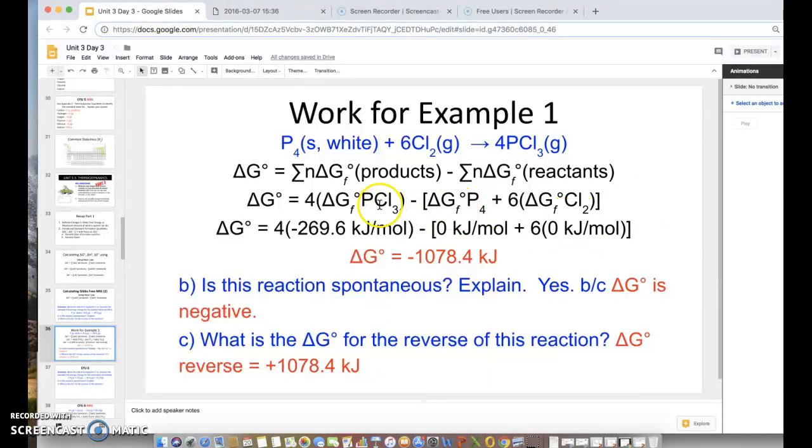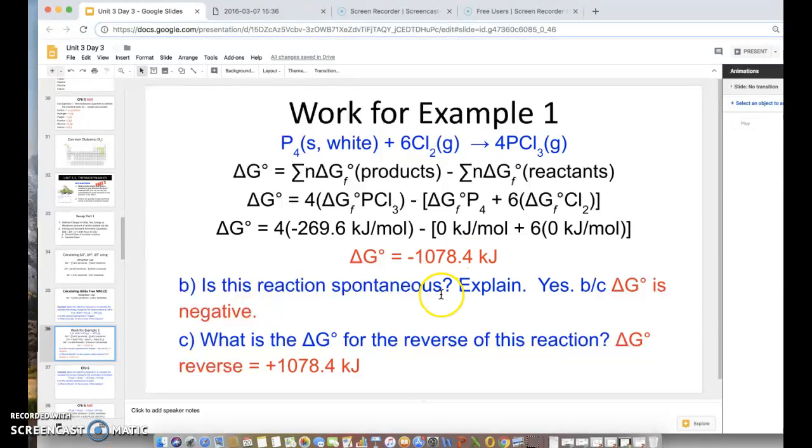So I just plug in that information: 4 times negative 269.6, which is the delta G formation of PCl3. These are both 0 because they're elements in their standard state, which you may or may not know. When I do the math, I get delta G equal to negative 1078.4 kilojoules.